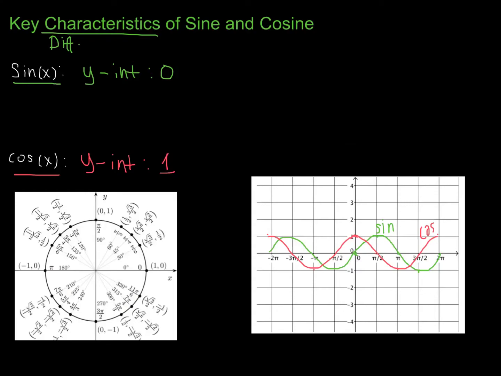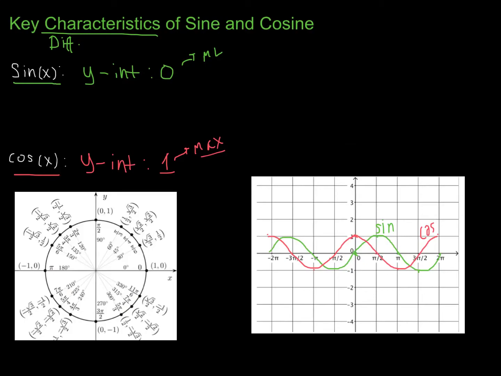Okay? And so notice that the cosine's y-intercept, well, that's its maximum value. Okay? The sine's y-intercept, well, that's at its midline. Okay? Let's also consider what happens after the y-intercept.